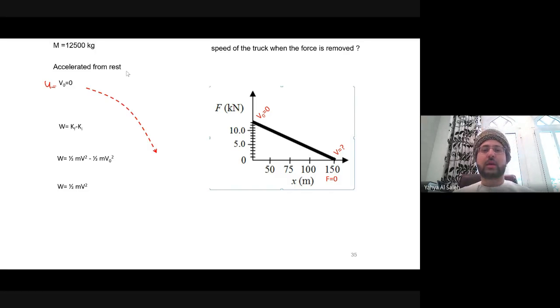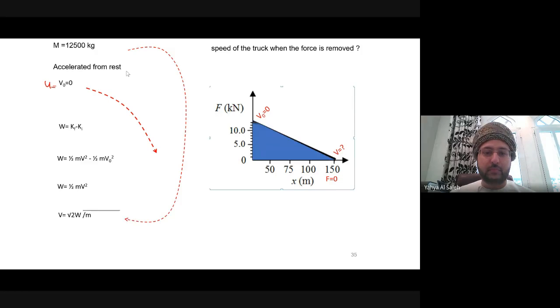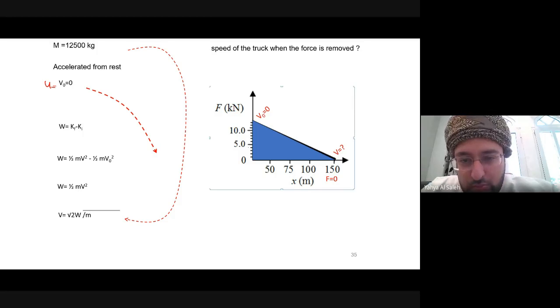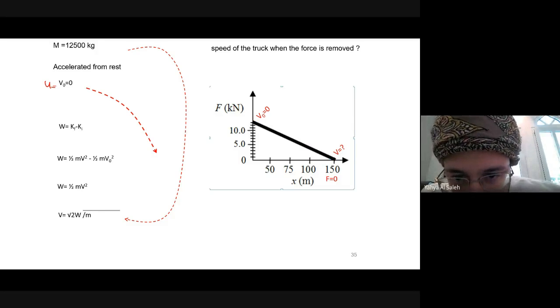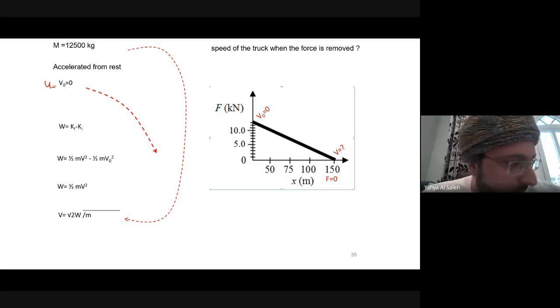So we ask, how much is this? 0, 1, 2, 3, 4, 5, 6, 7, 8, 9, 10, 11, 12, 13.